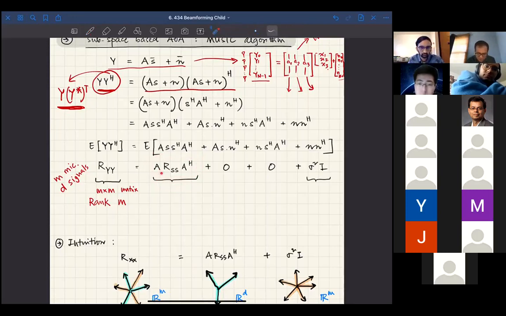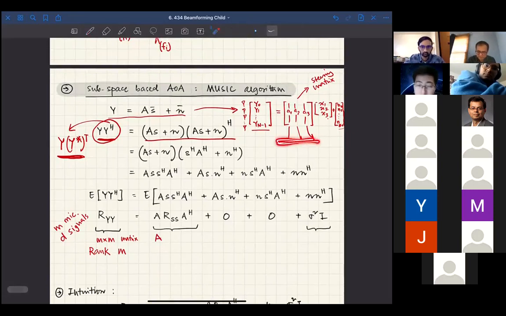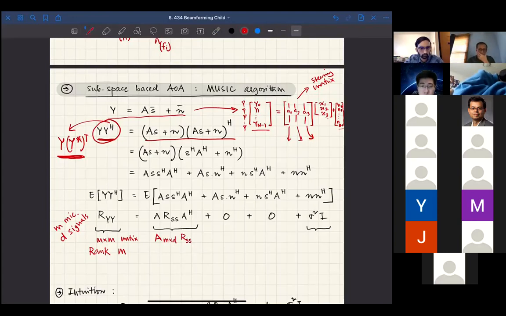What is A? What is the dimension of A? Someone from here? M by D. M times D. Very good. What is RSS? What is the dimension of that matrix? Is it just a scalar? No, wait.